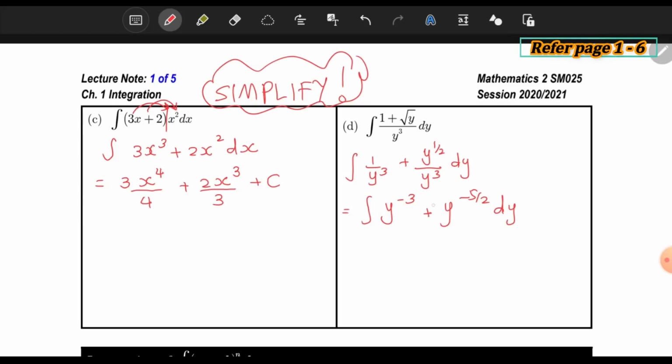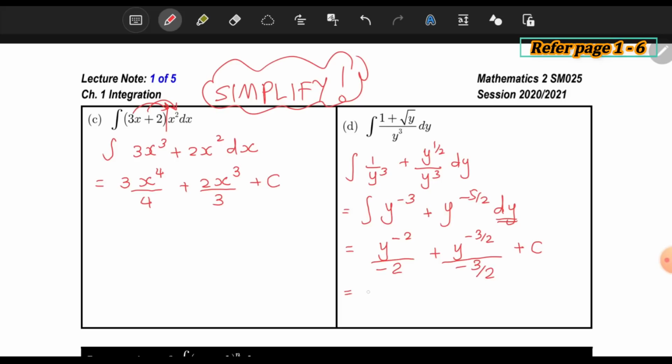So if the variable is y, we will integrate with respect to y. As usual, we integrate. So we have y, increase the power, so it becomes negative 2, divide by the new power negative 2, plus y, increase the power by 1, so we have negative 3 over 2, divide by negative 3 over 2, plus c.